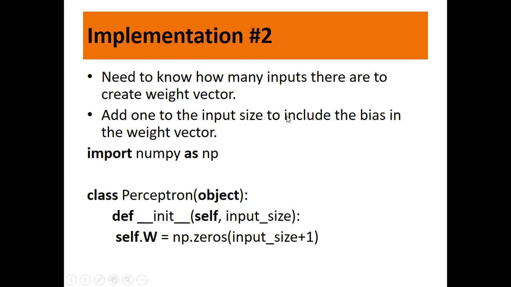Now add 1 to the input size to include the bias, as we already saw in the previous example. So again, you define a class Perceptron. In the constructor, we are just creating a weight vector W. What is the size of W? It is the input size, that is the number of inputs plus 1. Plus 1 is for what? Plus 1 is for bias. Is it clear?